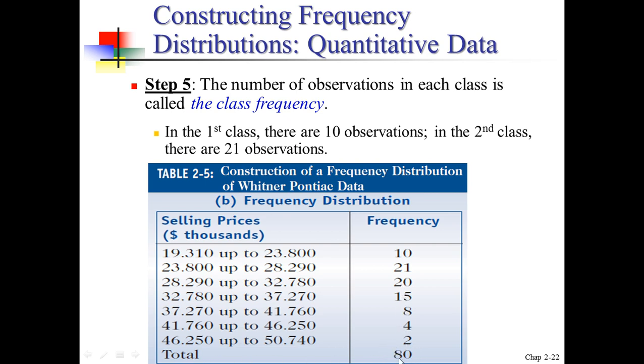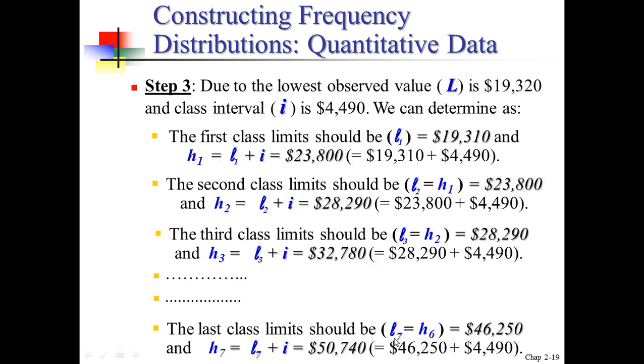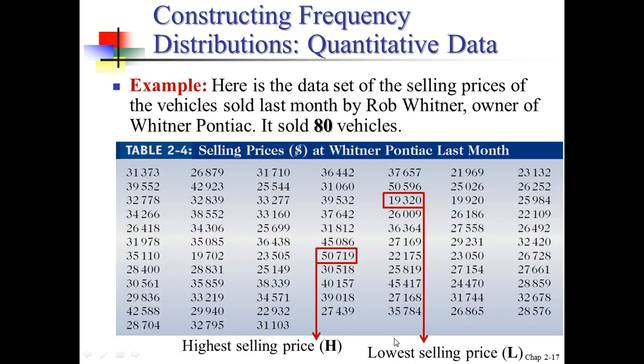The total must be 80. It cannot be 79, cannot be 60, cannot be 90, cannot be 100. It's only 80. Why? Because last month there were 80 cars sold.